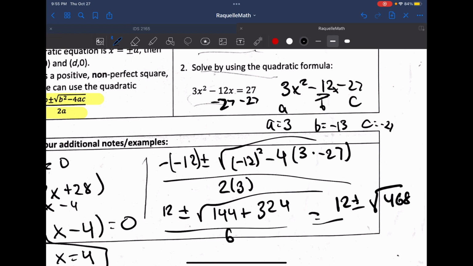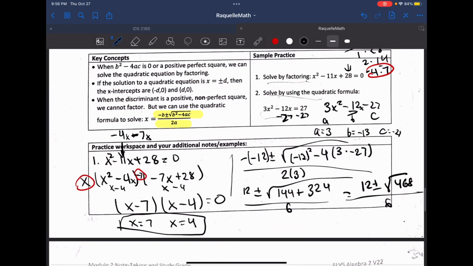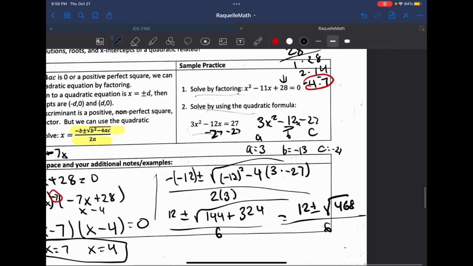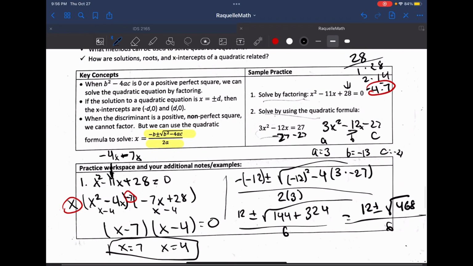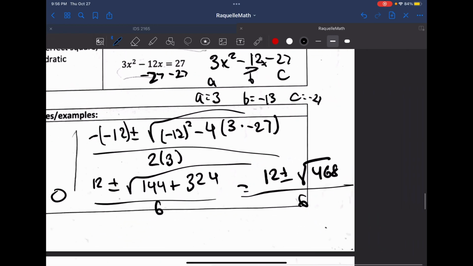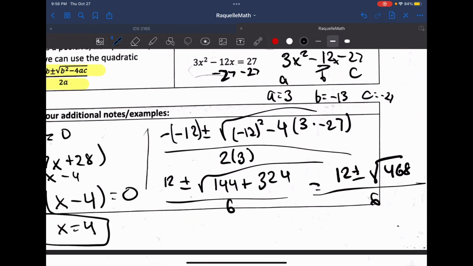So now, is 468 a perfect square? No, it isn't. We could leave it this way if it didn't need to be simplified. However, we're going to simplify it because that's what they usually want.